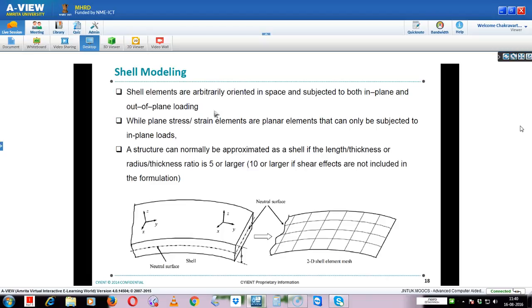A structure can be approximated as a shell if the length to thickness or radius to thickness ratio is 5 or larger. So you can model a particular component using shell elements only if the length to thickness or radius to thickness ratio is 5 or larger.